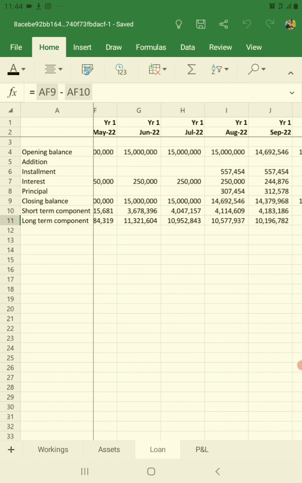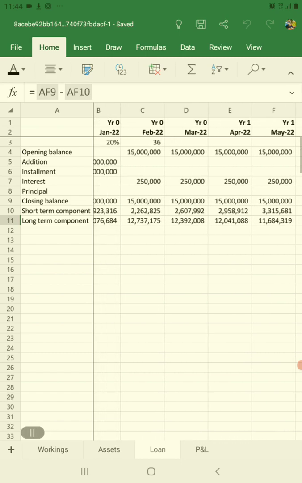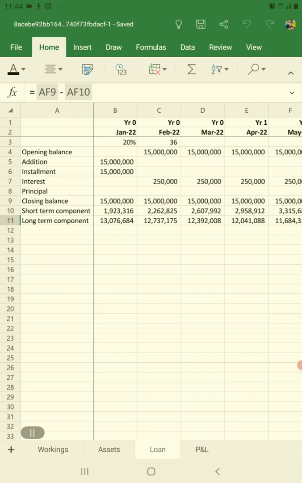When you are given a grace period, that is for paying installments, but definitely the interest starts immediately after getting the loan. The loan was received in January, and starting from February we start to pay the interest component. So that's what I wanted to talk about.